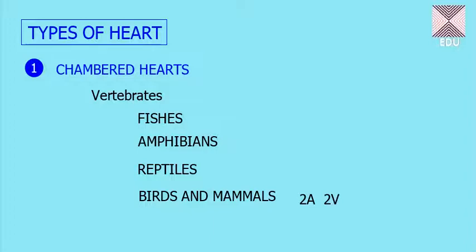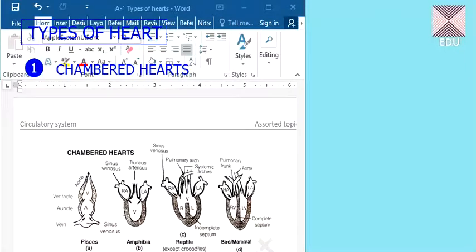So here, students, we have an overall idea that if you have got a question on the chambered hearts, then you have to take these animals first of all into this particular question. So students, if you are getting this question in your examination, you can give this kind of structure in the chambered hearts.